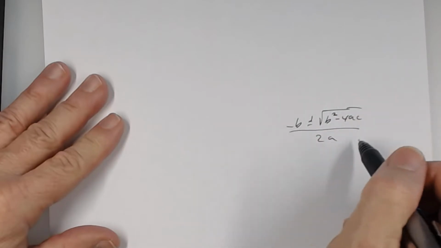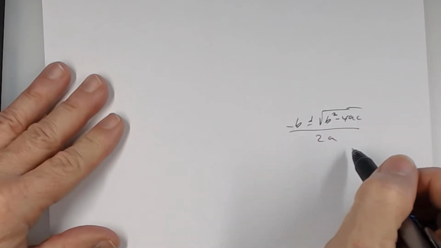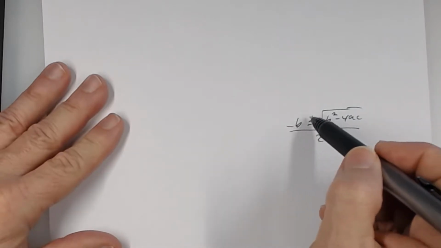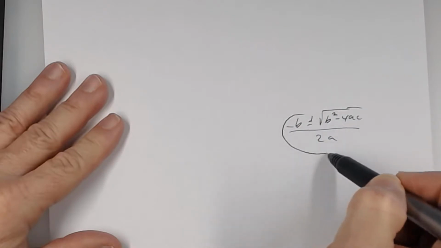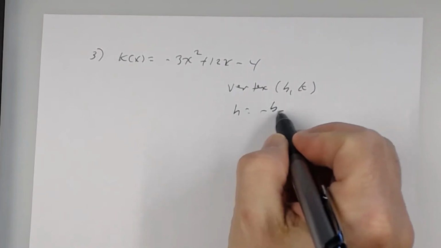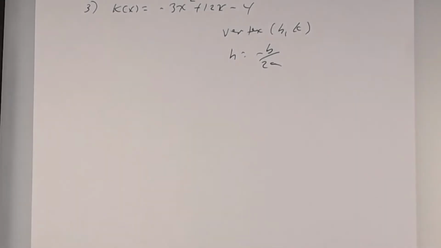You could tell me which part of this will give you the x coordinate of your vertex, which one? Negative b over 2a. So h is negative b over 2a. That's the x coordinate of your vertex. Now again, I'll give you that. You just have to know how to use it.